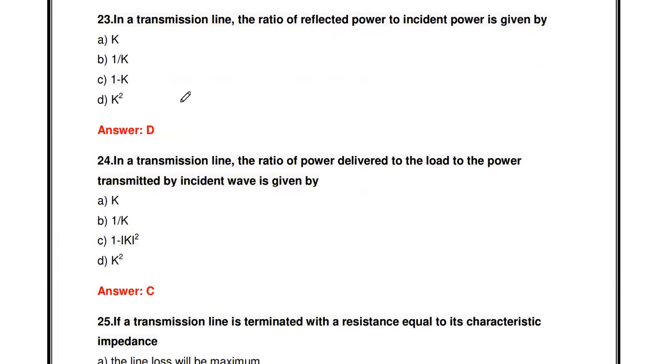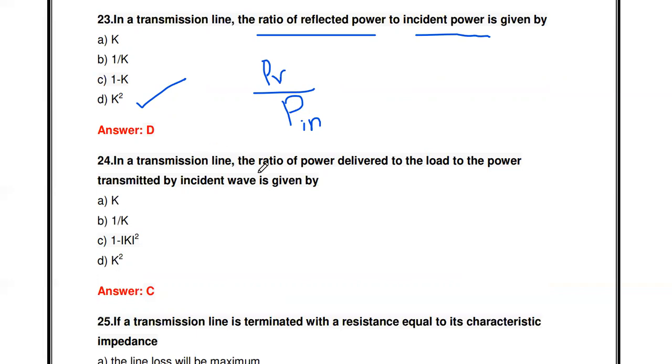Then the next one: in a transmission line, the ratio of reflected power to the incident power is given by dash. Reflected power PR divided by P incident, that ratio is equal to K squared. It is the square of the reflection coefficient.